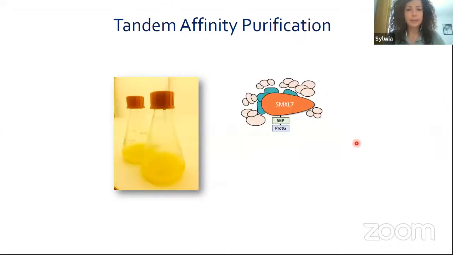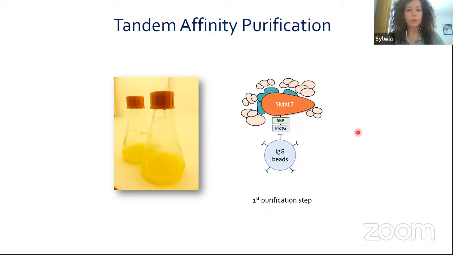So how does the method itself work? In the cell, we first extract the proteins, then we use IgG beads in the first purification step to pull down SMAX7 together with the interacting proteins.